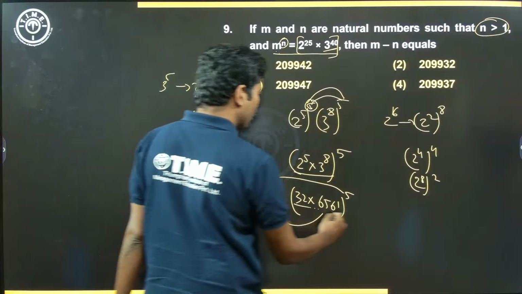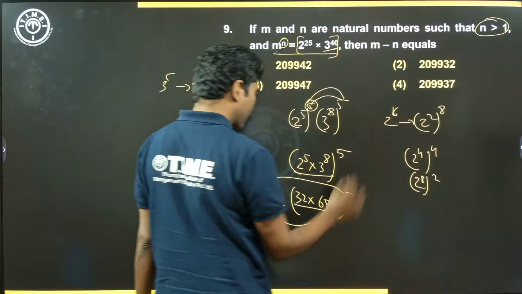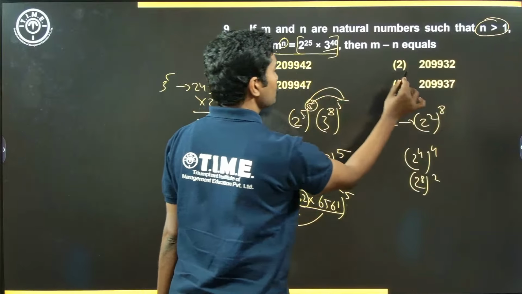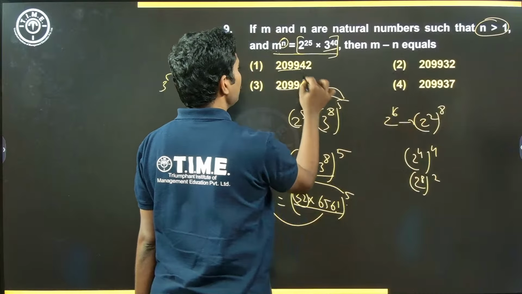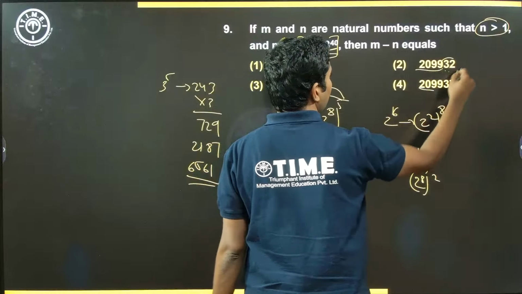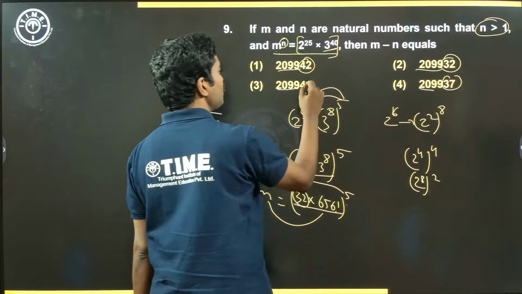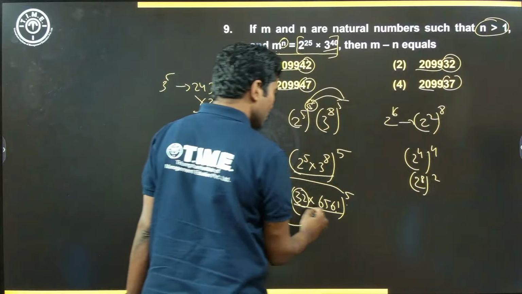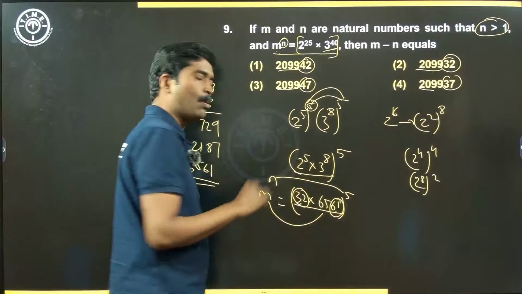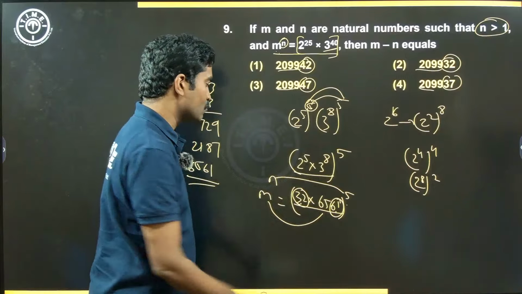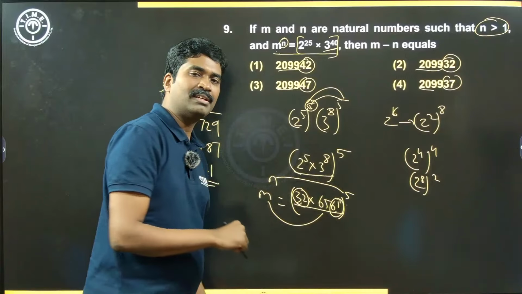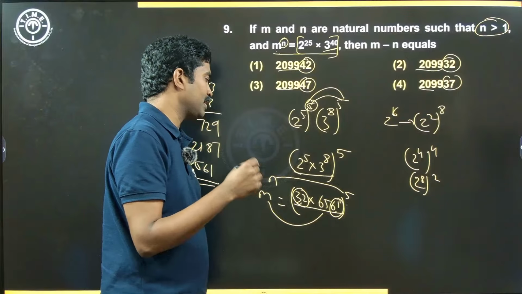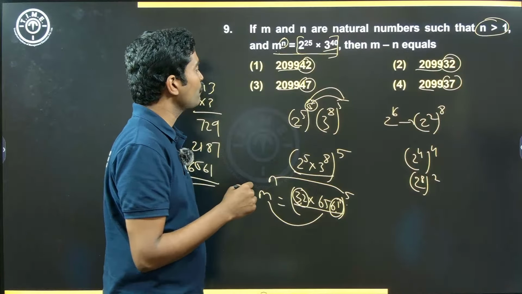So here it is 32 into 6561 minus 5. If you look at the options, 2099, 2099, all are 2099. So I'm not interested in this part at all. 32, 37, 42, 47. Only the last 2 digits are going to make some difference. So fine, 32 into 61. What are going to be the last 2 digits? 32 into 61. 32 into 60 is 1920, and 32 ones are 32. 20 plus 32, 52.